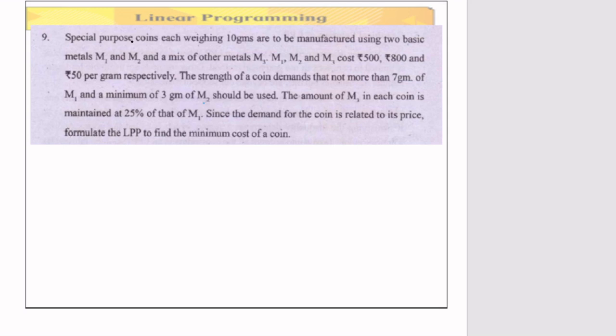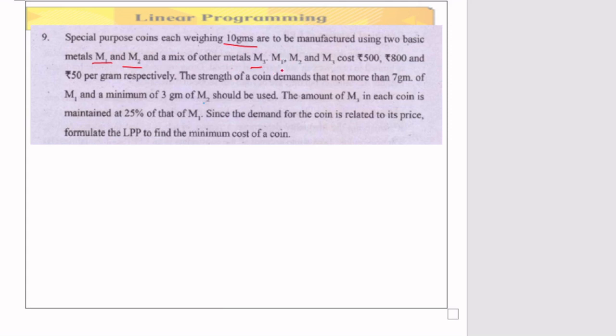A special purpose coin weighing 10 grams is to be manufactured using two basic metals. The coin is 10 grams, and you need to manufacture it using two metals M1 and M2 and a mix of another metal M3. So M1 and M2 will be there for sure, but you need to mix M3 also.